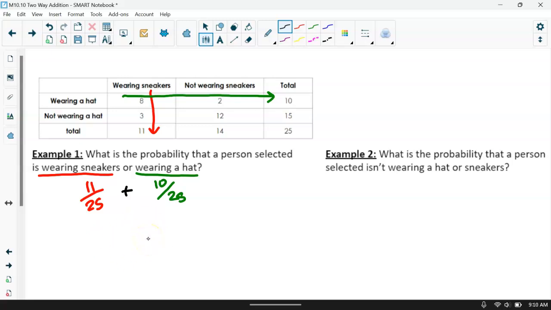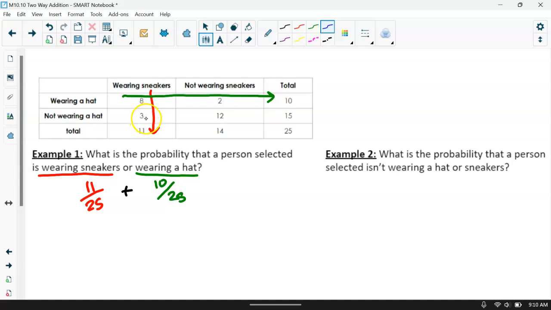Because absolutely we're looking for the number of people who wear sneakers or who wear a hat. However, in doing so, notice we doubled up on a certain amount. We already included these 8 people. How many people wear sneakers? We already included the 8 and 3.